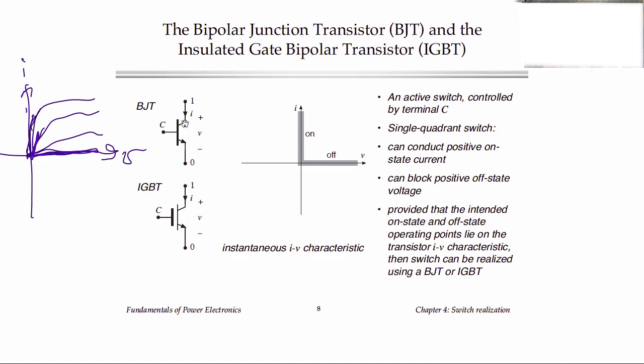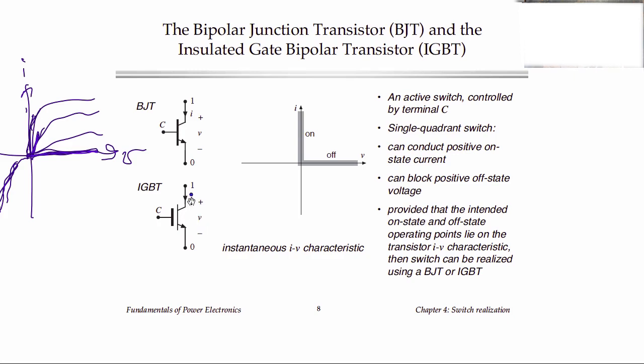On the other hand, practical transistors such as these generally are not capable of blocking significant negative voltage. And if you plot their reverse characteristic, it does something like this, and the device will break down if you apply more than a few volts of reverse voltage. So this is a practical detail in how the devices are built.